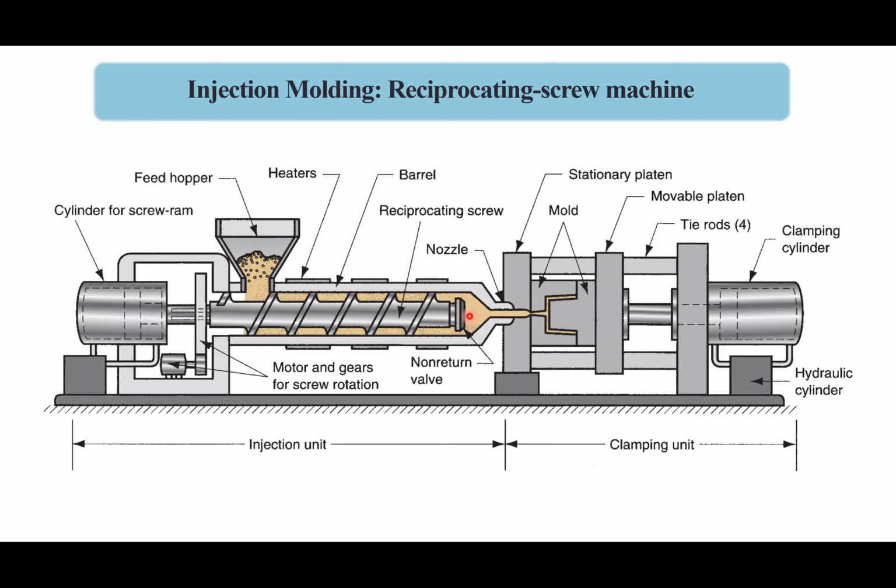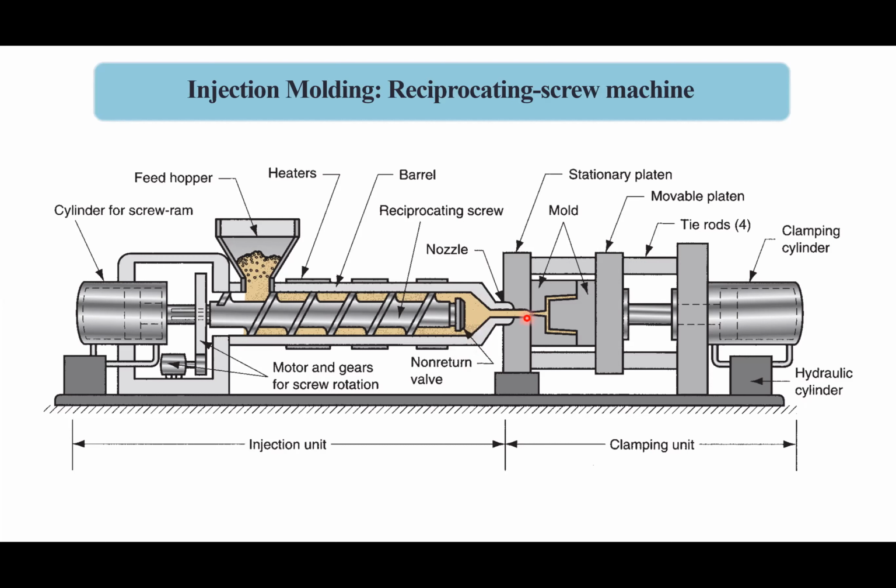The function of the non-return valve is that the material coming from the screw can go in the forward direction, but it cannot come back. However, the image shows clearance on the top and bottom of the non-return valve, but in a real case, there should not be any clearance, so the material does not go backward.